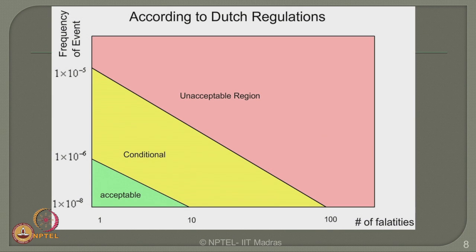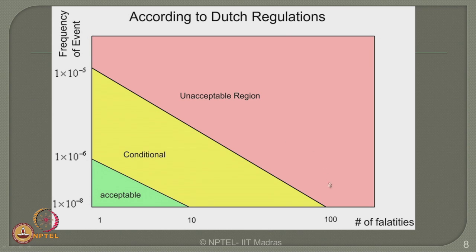If you look at other international regulations, for example the Dutch regulation, the acceptable level of risk is given in a figure as you see here in the slide. It is closely related to the number of fatalities and the frequency of the event causing these fatalities.